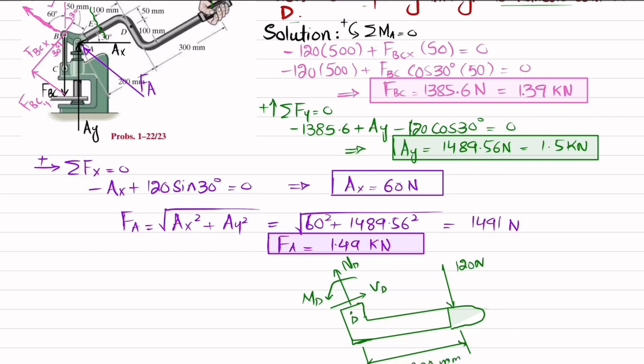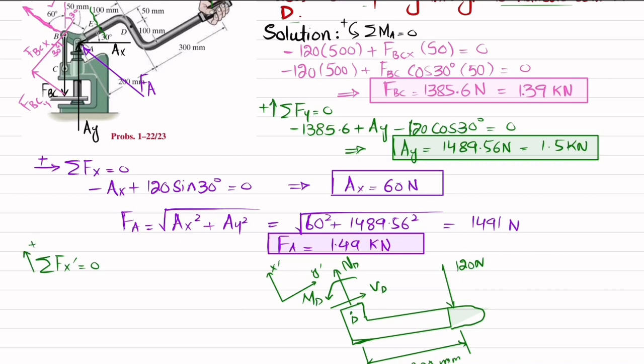Now you can see we have to change the coordinates. So what we will do is take this x dash coordinate in this direction, because here we have the normal load and the shear force will be in this direction. This is y dash. So we will apply the equations of equilibrium. The first equation is that the sum of all forces along x dash must be equal to 0, and force in this direction is taken as positive.